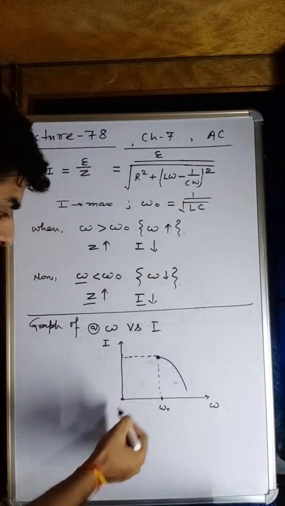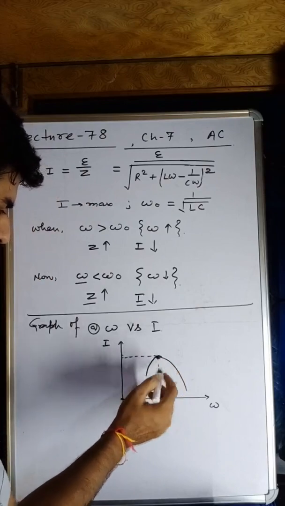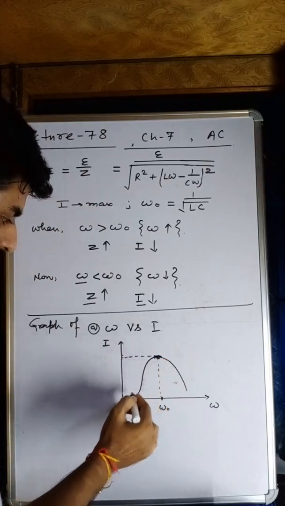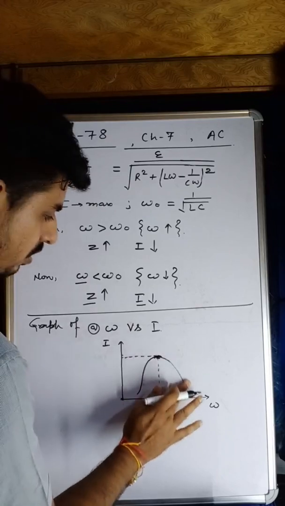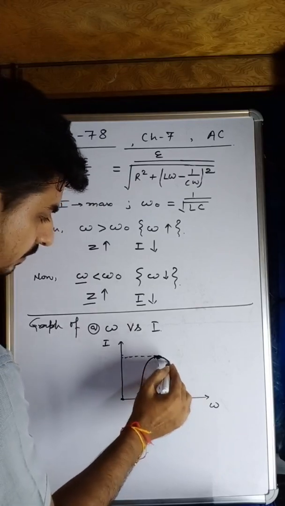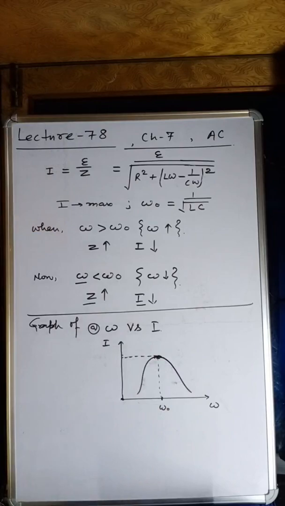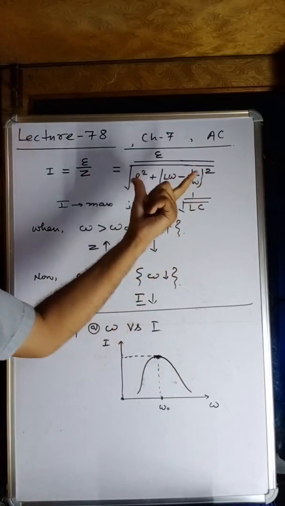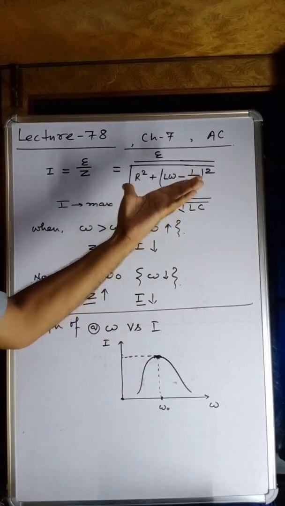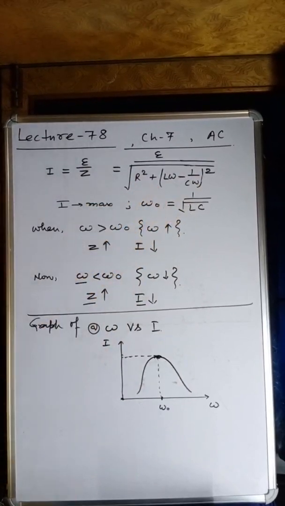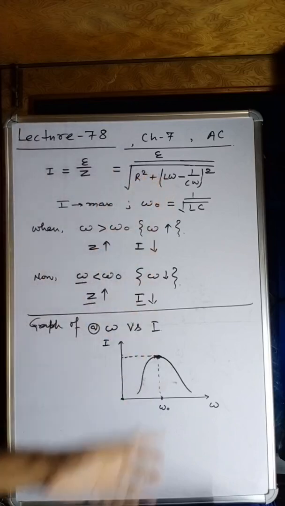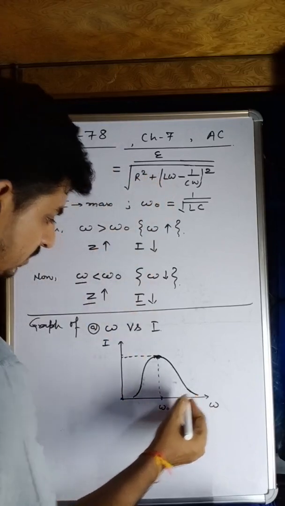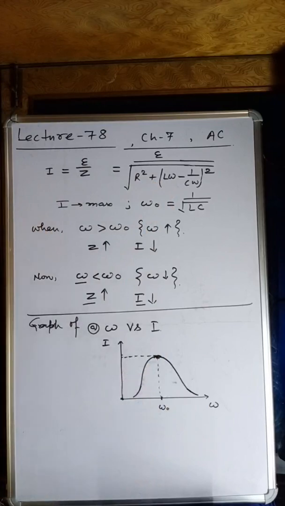Before this omega also you will have the graph in this way. Here of course you are decreasing, but you can think upon the saturation state: the current will saturate somewhere. But this is the graph.